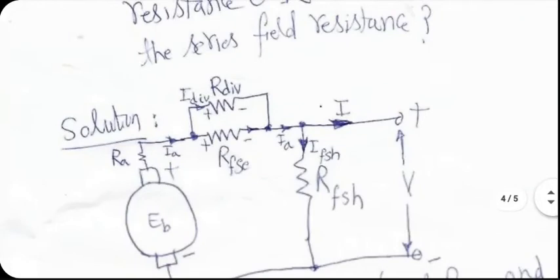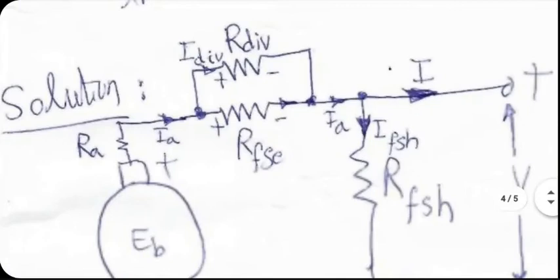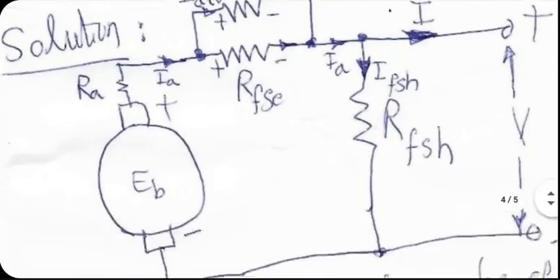You have got two resistors now in parallel, so there will be a division of current here. Some current called I dive will go through the diverter and the remaining will go through RFSC. I'm calling it IFSC, although I have not marked it here. But IFSH, I, etc. will not change. They are exactly what they were in question 1.